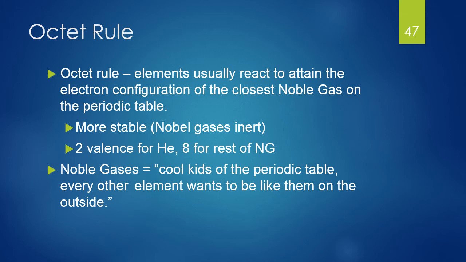The octet rule says that everybody wants 8 electrons. They all want to be a noble gas. Of course, there are always exceptions to that rule, being hydrogen and helium. They can only have a max of 2 electrons. The rest of the atoms on the periodic table of the main group elements want 8.